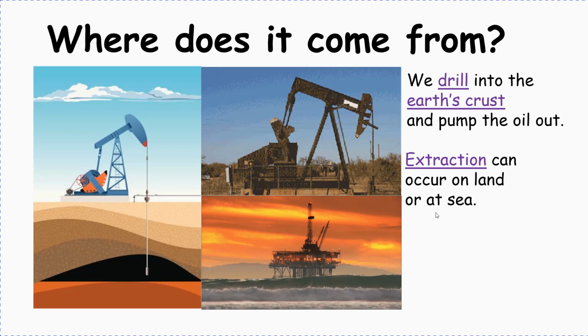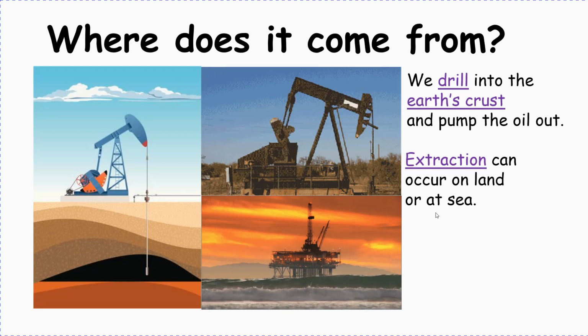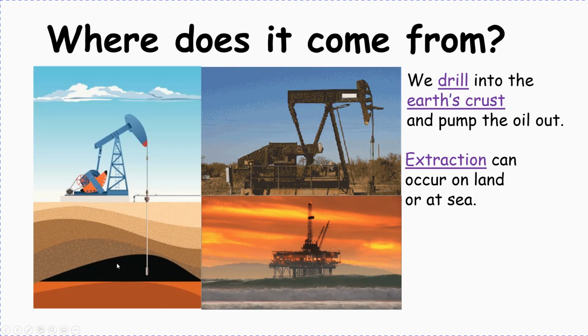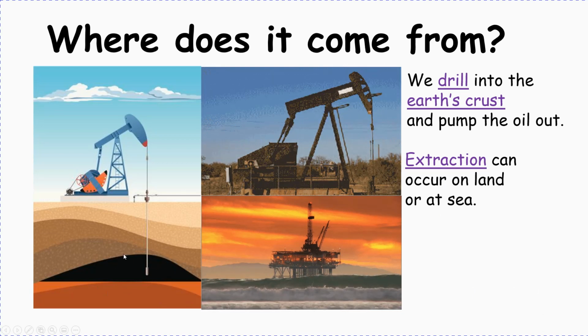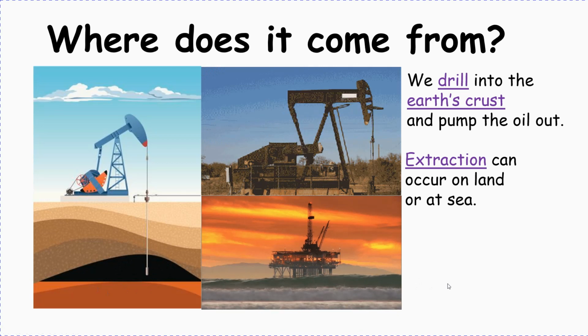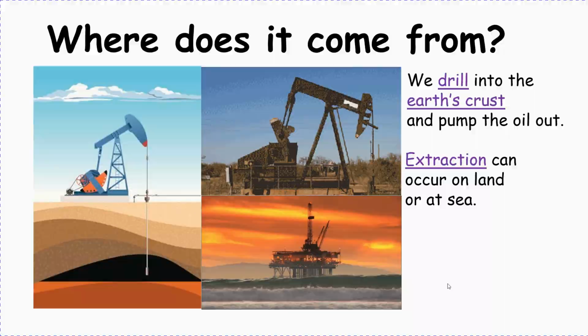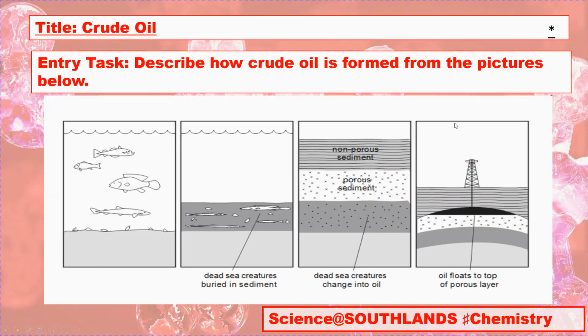Now, when it's extracted from land, it tells you that the area used to be covered by ocean, okay, because crude oil has been made from sea creatures, okay, so there has to at some point have been a sea covering these areas that are now on land, okay, so they will drill down into the land or into the seabed, and they will extract the oil out, and then it either gets piped or tankered to wherever it's needed.